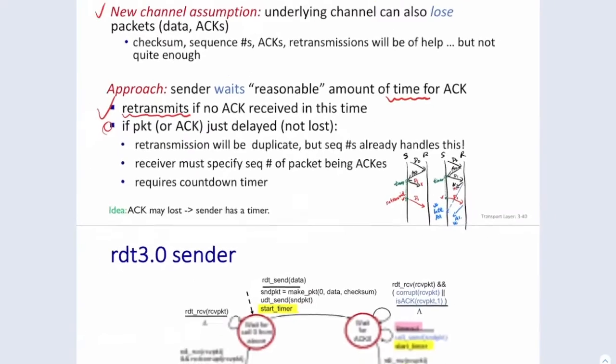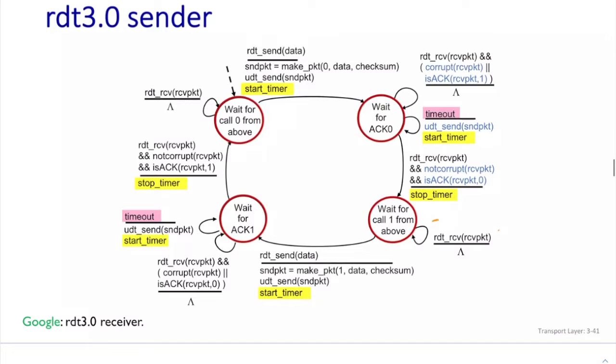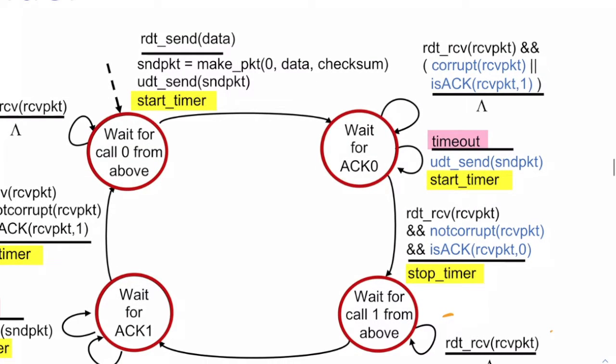Okay. So right here, we have RDT 3.0, which is the sender's finite state machine. Let's try here. We have a message right here, so we get the data and we send D0. And we have a checksum right here, and we simply send the packet out.